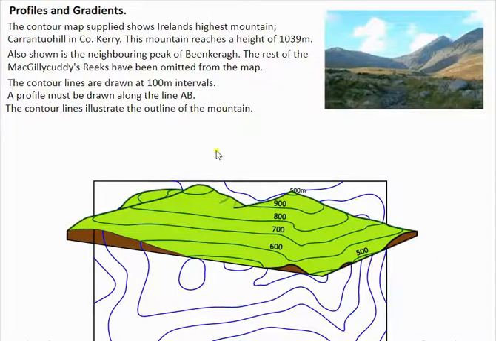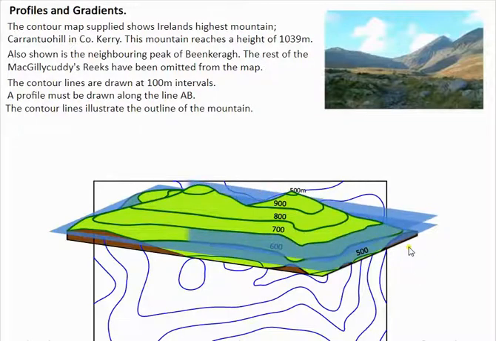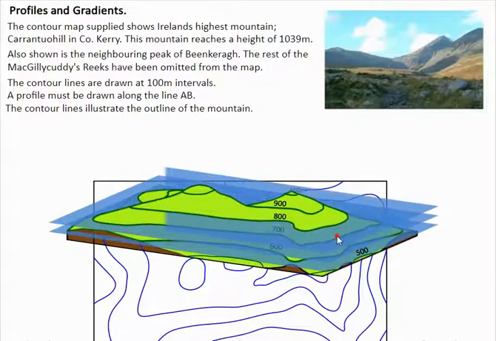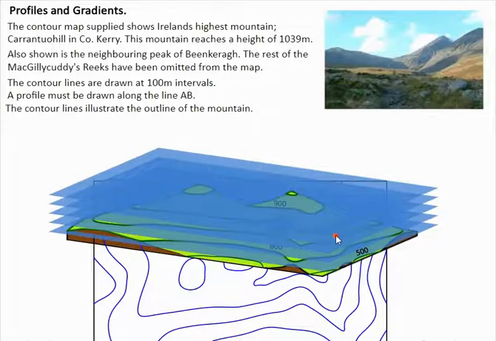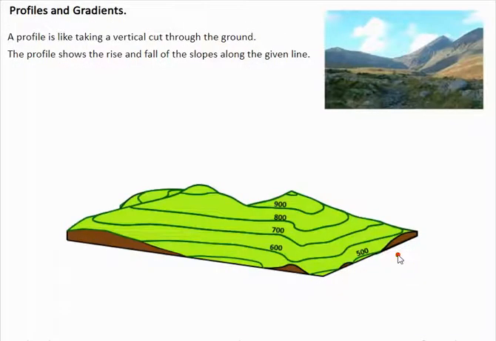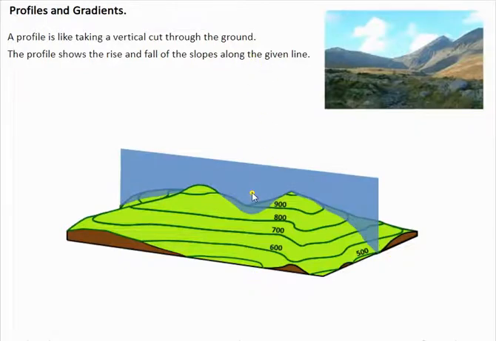We have the contour lines put in here in the graphic, and our horizontal planes cutting across, showing where the contour lines come from. Now we introduce this vertical plane.